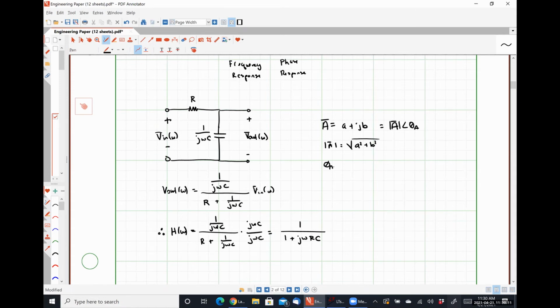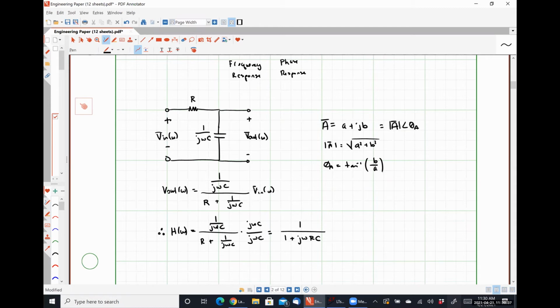And the phase angle of A is the inverse tangent of b over a. So the next few steps are making H of omega in this form, where there is a distinct real part and a distinct imaginary part in the numerator so that we can easily break things up.